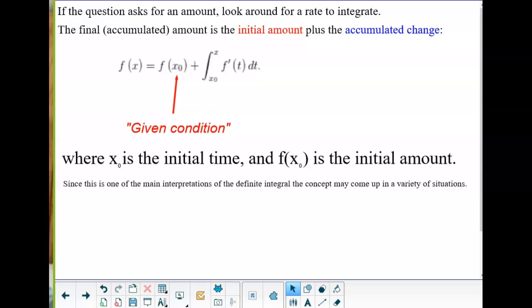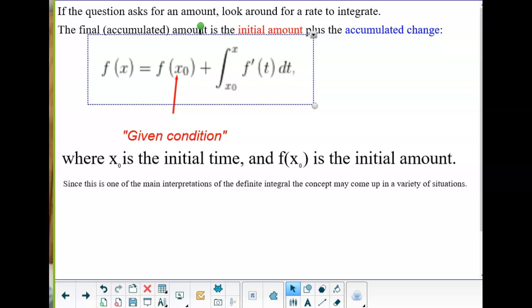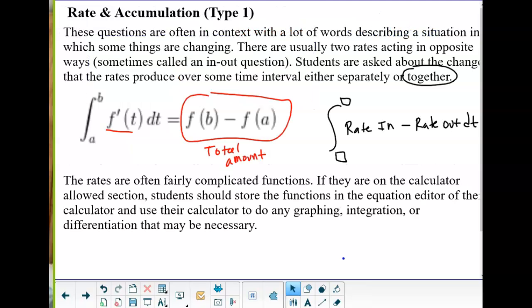A lot of times, this is another way to write what was just on the other piece. Let me show you this really quick. If I took this part right here, minus f of a, what if I added f of a, which notice a is the starting value, over to this side?